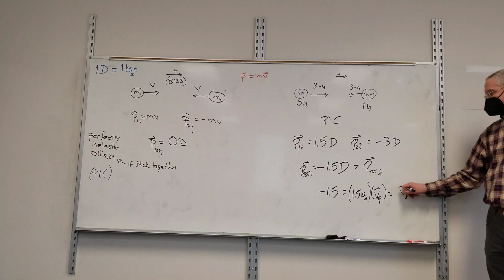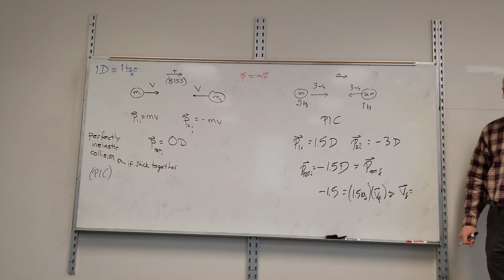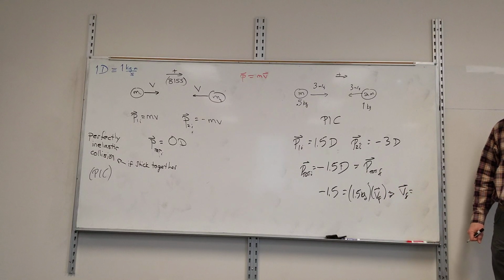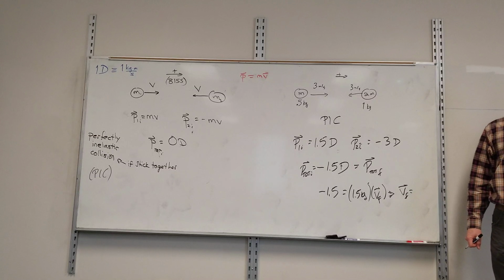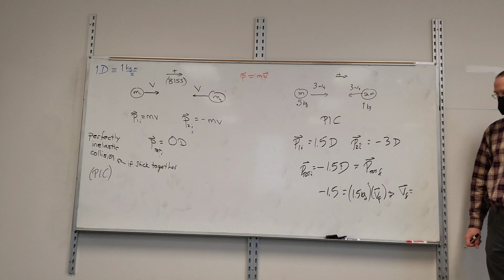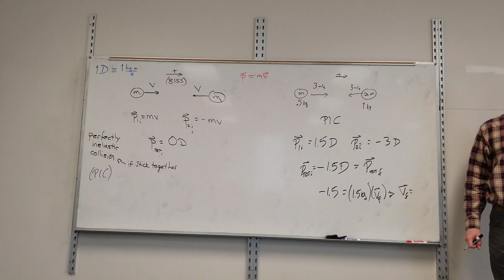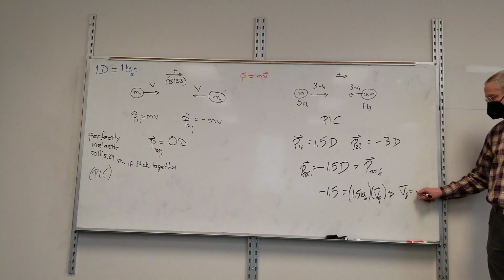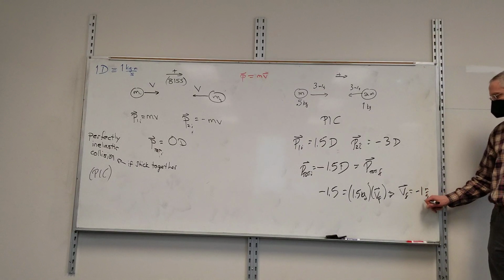So what is the final velocity? 0 or what? Closer, we can do slightly better than just 1. Yes, negative 1 meter per second.